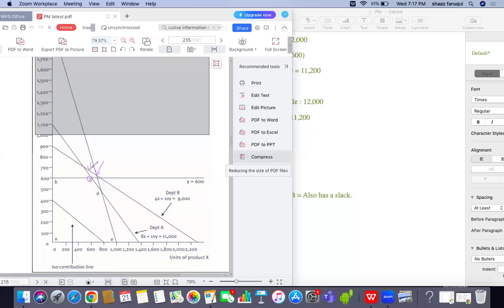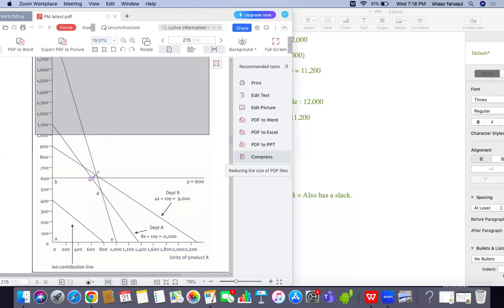Meaning there is still slack. There will still be spare capacity. Similarly, my answer is at point C, which is below the department C line. Department C line is here, meaning it hasn't reached the limit, meaning that there is still capacity. There is still slack.